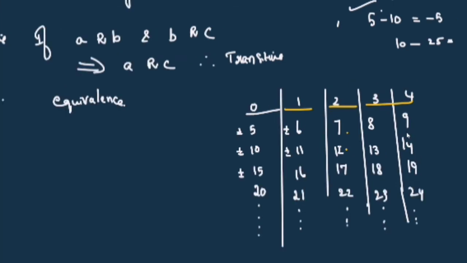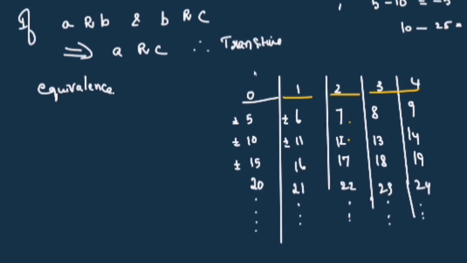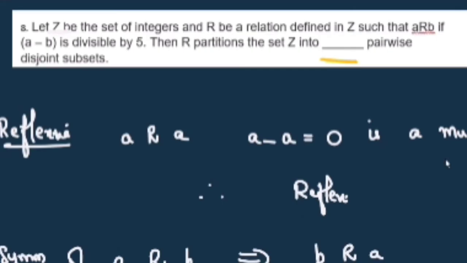A minus B satisfies that relation, divisible by 5, but it divides the set of integers into how many partitions? 5, and all are disjoint. So the relation R partitions the set Z into 5 pairwise disjoint subsets. If it is divisible by 7, there will be 7 pairwise disjoint sets.